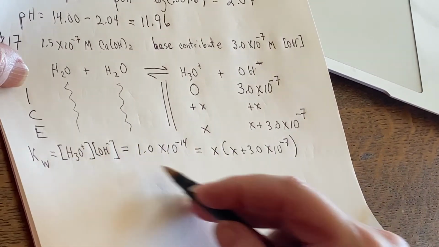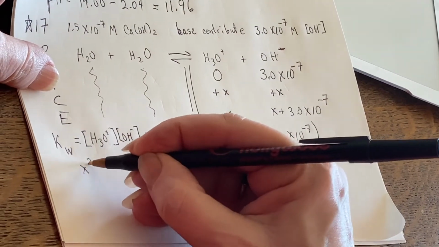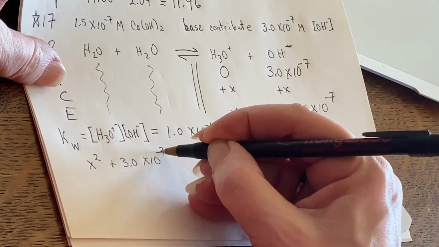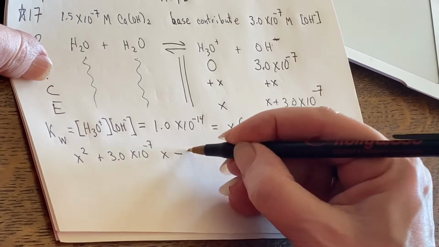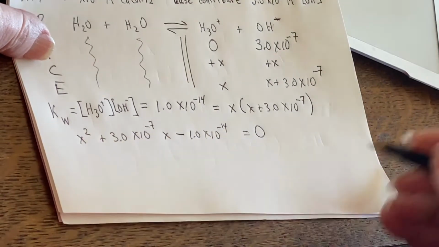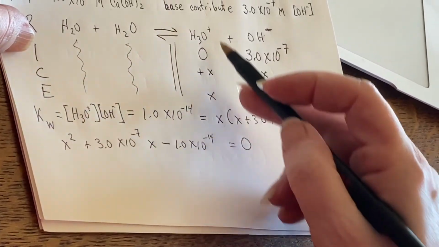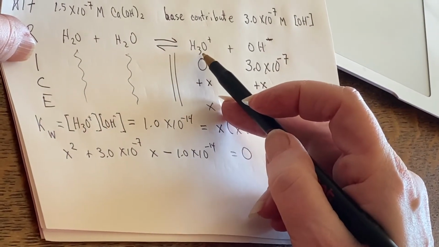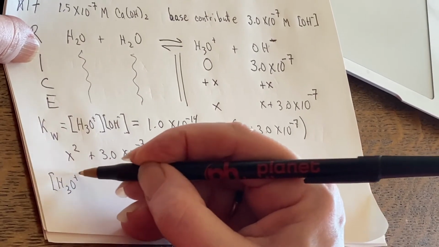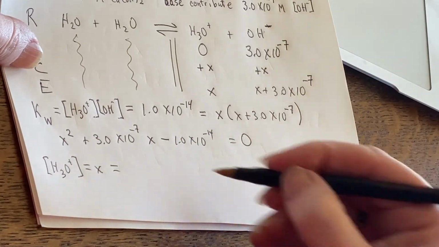We can turn this into a quadratic equation. It will be x squared plus 3.0 times 10 to the negative 7 x minus 1.0 times 10 to the negative 14 equals 0. From this, oh look, x is going to represent the amount of hydronium ion. So H3O plus concentration is x.